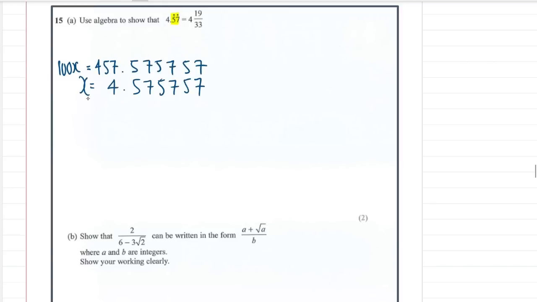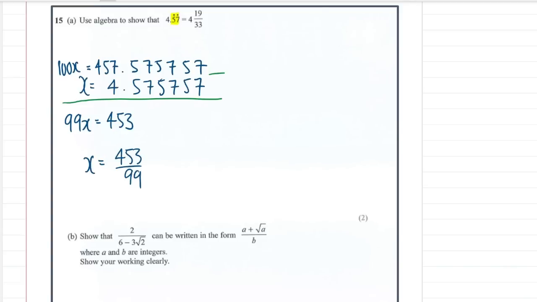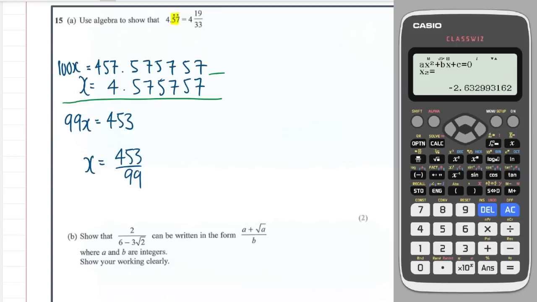Okay, that's great, because when we subtract, we get 99x, and we get 457 minus 4, which is 453, and all the decimals will cancel out nice and neatly. So x is equal to this divided by that, and we can just put that into our calculator and hope that we get the same thing which they show us.